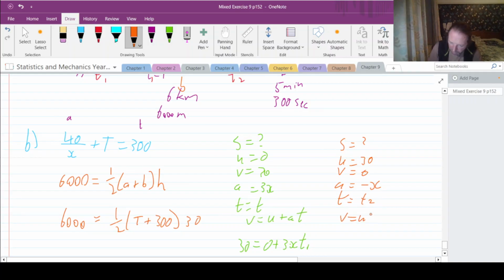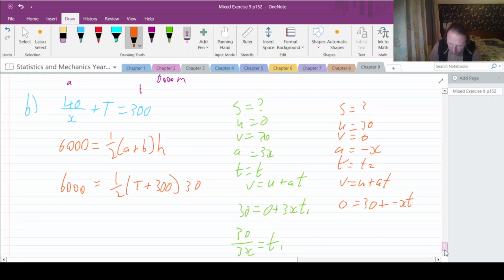If I use this same one, 0 equals initial 30 plus minus xt, I will end up with 30 over x is equal to t2.